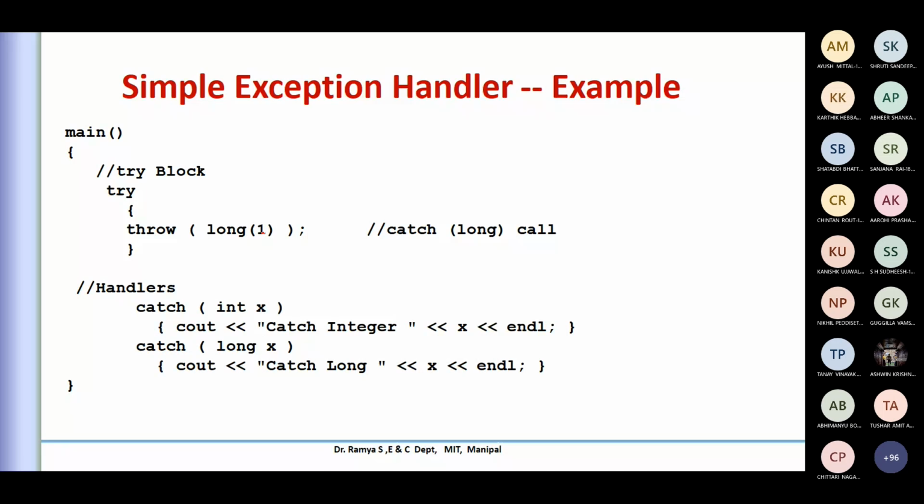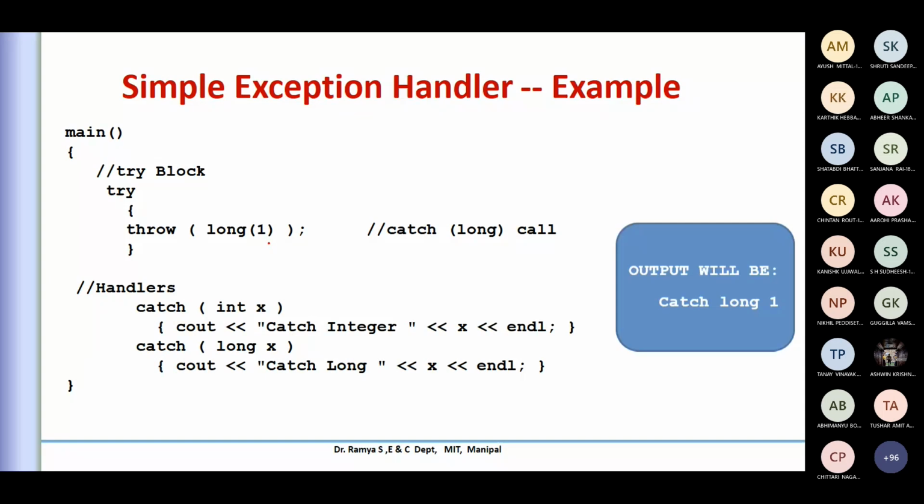So it will say catch long 1 and it ends there. Though I have two blocks, it appropriately identifies the typecasting, or the exception type. Is it clear for you? Yes, ma'am.